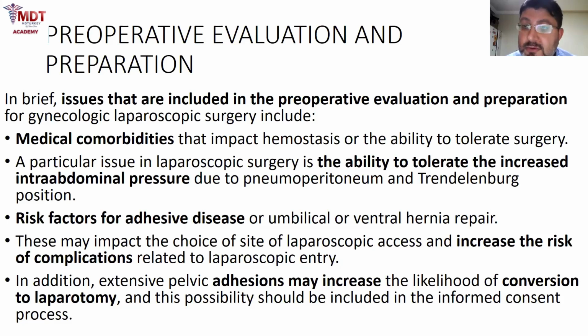You also have to check for risk factors of adhesive disease or umbilical or ventral hernia repair, because these may increase the risk of complications related to laparoscopic entry techniques. Because of these adhesions, you may convert from laparoscopy to laparotomy, so you have to get the informed consent of the patient for this procedure.